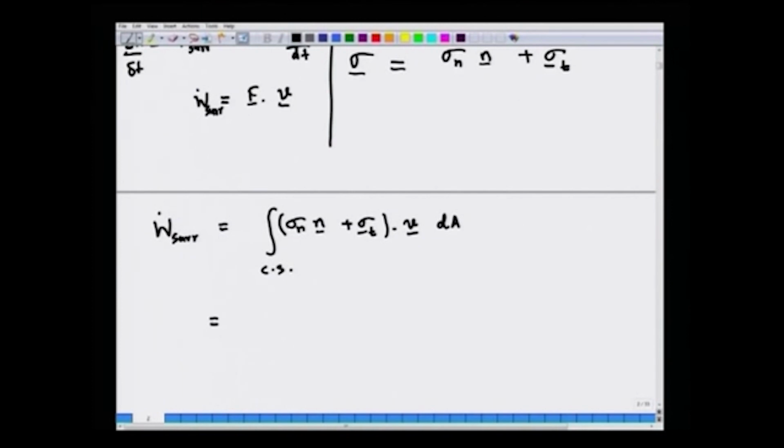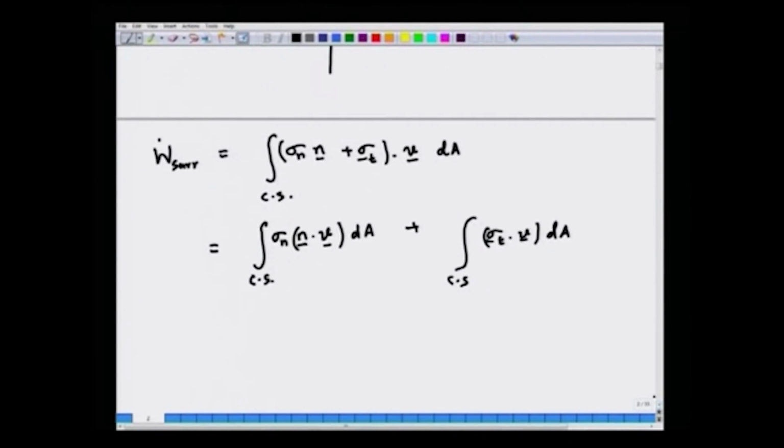Let us split the normal and tangential components separately: integral over CS sigma n dot V dA plus integral over CS sigma t dot V dA.